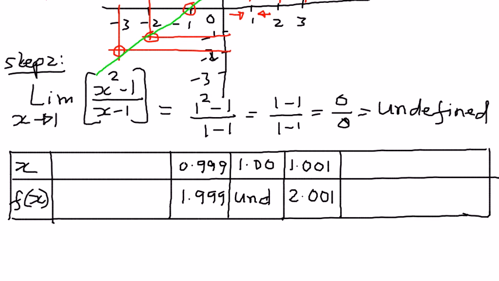Again, if I pick another point to the left of 1, 0.990, the value of the function f of x is going to be equal to 1.990. And on the right hand side, if I were to pick a point very close to 1 but a little greater than 1, which is 1.010, the value of the function is going to be 2.010.